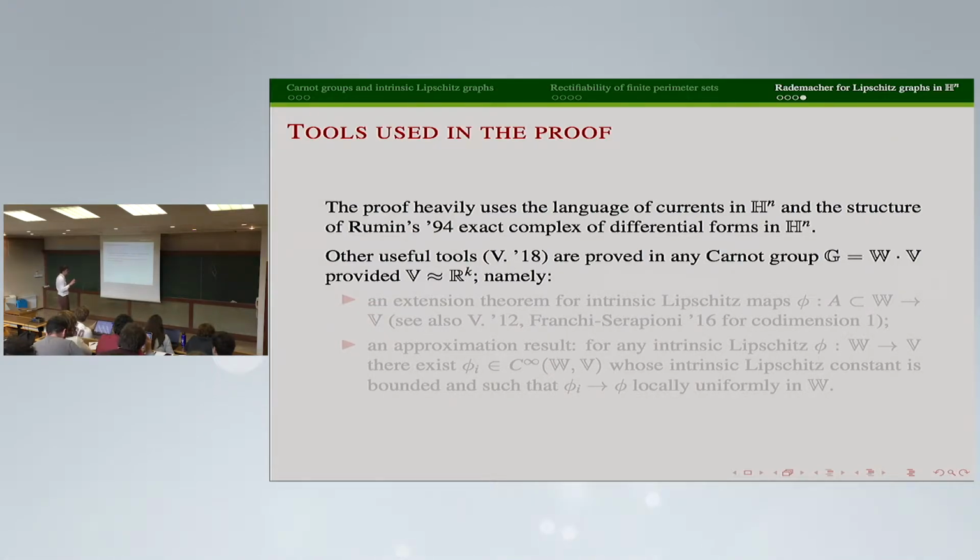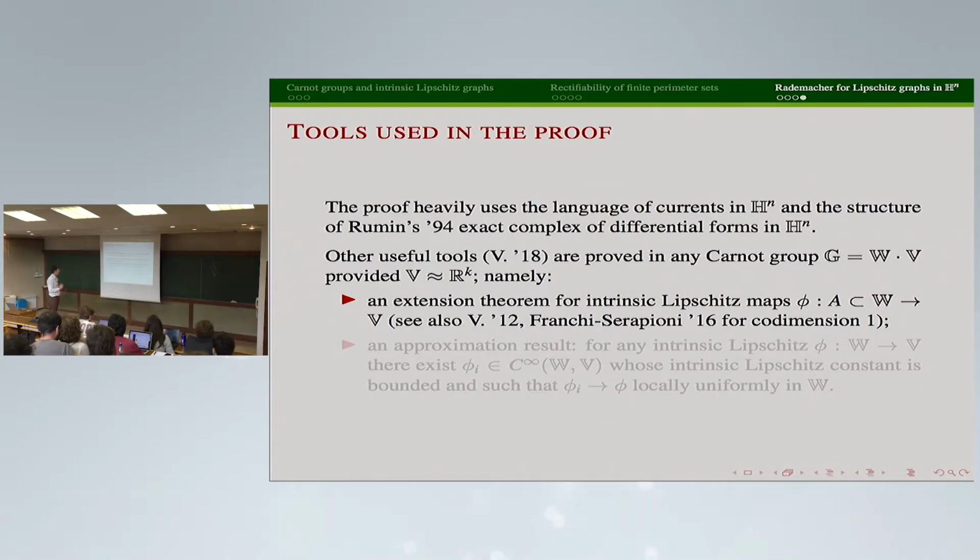And actually I was able to prove, so the two results I will state now hold not only in the Heisenberg group but in any Carnot group G when the splitting is W times V such that V is isomorphic to R^k. So V is a horizontal subgroup, and this implies it's abelian, okay? So in particular, this holds in the situation that we are considering.